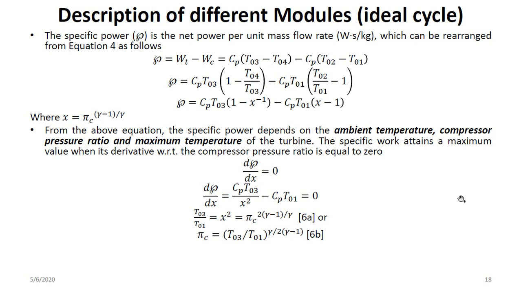So if you square that part, you just get 2 gamma minus 1 over gamma. And from here, if you make the ratio of specific heat the subject of the formula, then you take the square root of both, and what you get is equation 6b. Simple mathematics, nothing complicated.